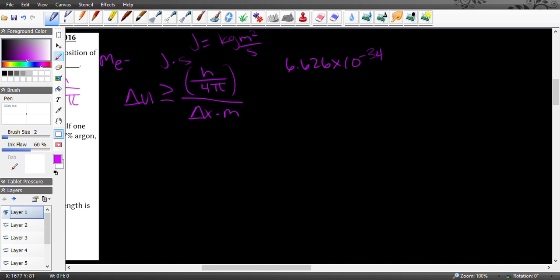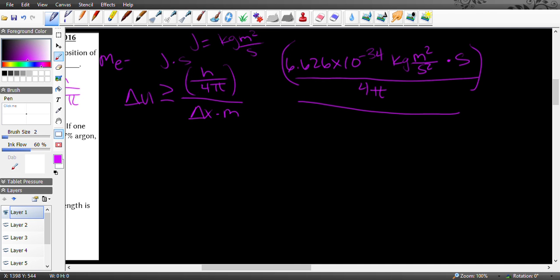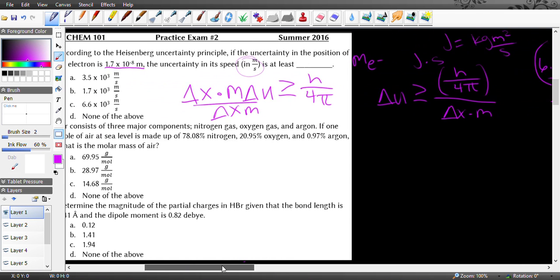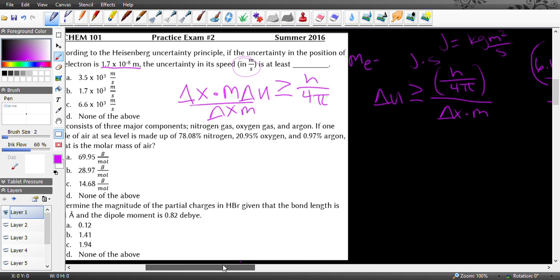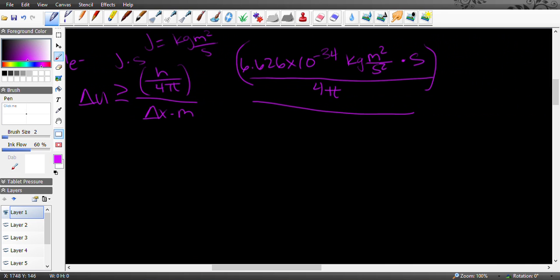So we have kilograms meters squared over seconds squared times seconds over 4 pi, and that's going to be over the delta x that we're given, which is 1.7 times 10 to the negative 8 meters.